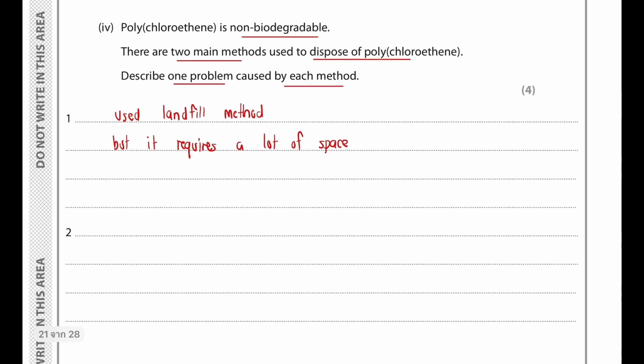Another one is the burning method, but it produces a greenhouse gas.